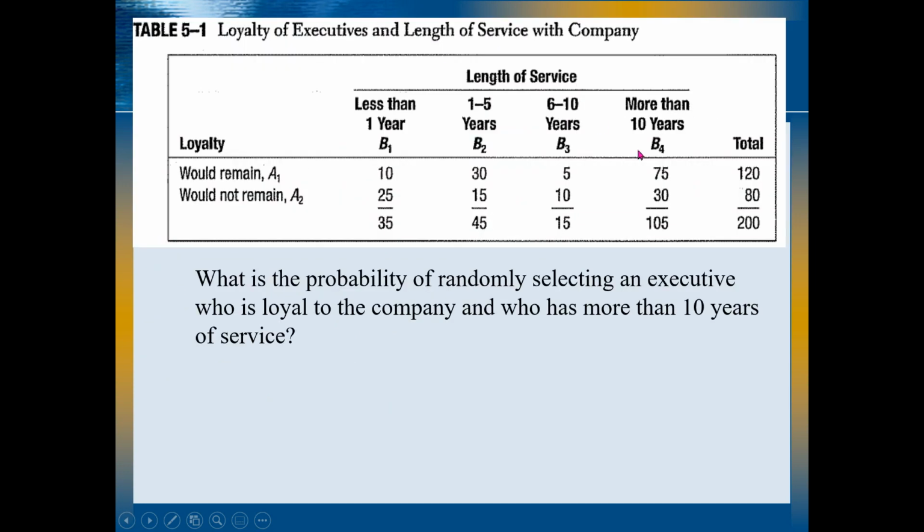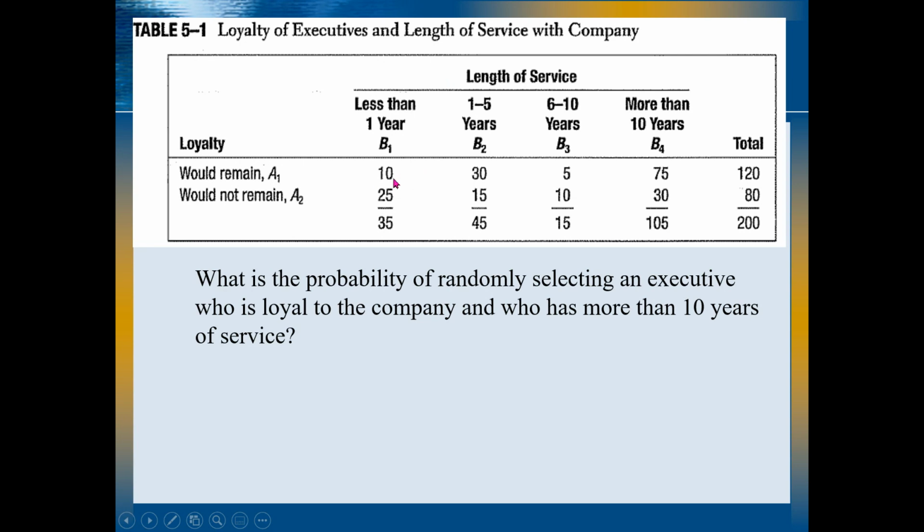For example, we have a classification of different employees in a company. Let's say A1 represents the event that the person would remain loyal with the company, and A2 that the person would not remain loyal. Then we have data on the length of service, or years of service.